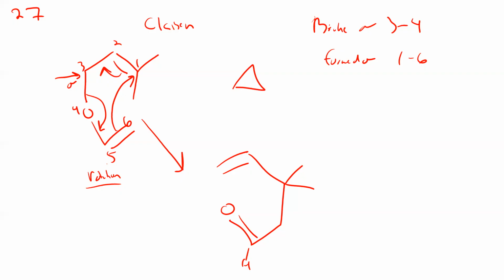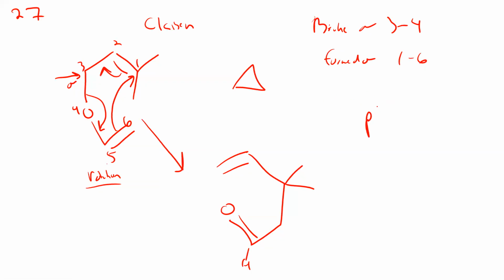And that's also on page 769. So if you go to page 769, there's a good explanation of the Claisen rearrangement there.